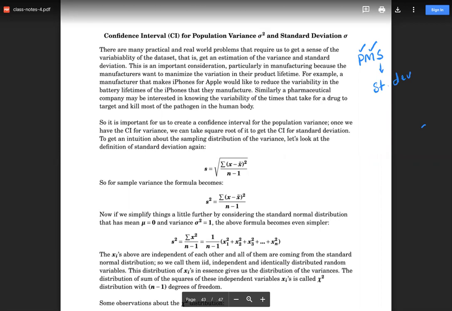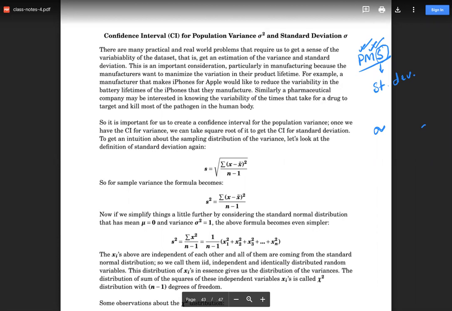So in the structure of PMS, we did the confidence interval for population proportion and for population mean. Now we are going to do the confidence interval for population standard deviation. Okay. Now, the standard deviation of the population is denoted by sigma.